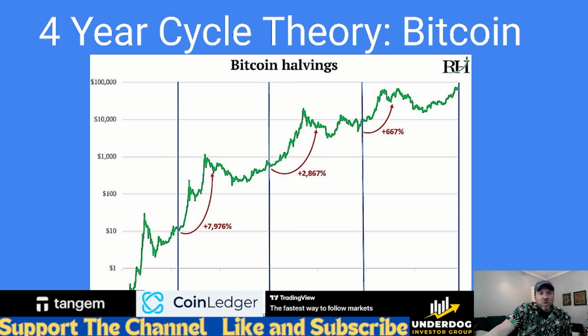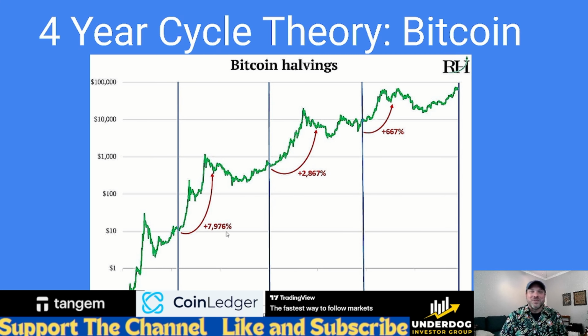Now, what I'd like to show you here is what happens after each Bitcoin halving. If you look real close, you have a Bitcoin halving in 2012, 2016, and then most recently, in 2020. The first cycle, we saw gains after the halving of 7,976%.